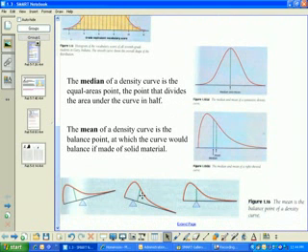So notice right here, this green line on all of them is the mean. So if I put fulcrum here, obviously there's more weight to the left, so it's going to fall to the left. If I move it over here, there's more weight here to the right, so it's going to fall. Whereas if I put it right at wherever that mean is, it's going to be balanced. So it's going to balance itself. Think of a teeter-totter would be a good way of having a visual of that.